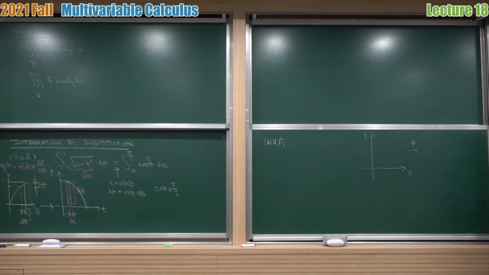And let's say this function is a real-valued function. Okay. So if you want to graph this, the graph of the function, then it will be like this surface in three-dimensional space. Okay? So this surface is the graph of the function.